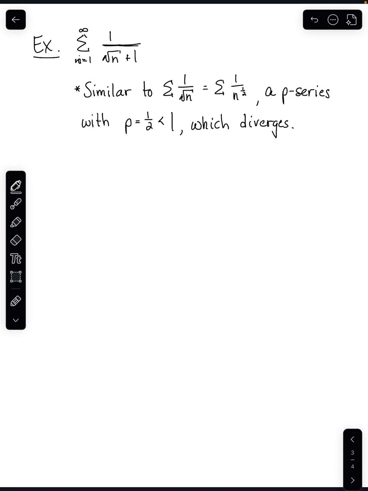Now, since this series diverges, we need to show that it is the smaller of the two series in order for it to be useful. To show that, we start by comparing the two denominators, the square root of n plus 1 and the square root of n, in which clearly the square root of n plus 1 is larger.